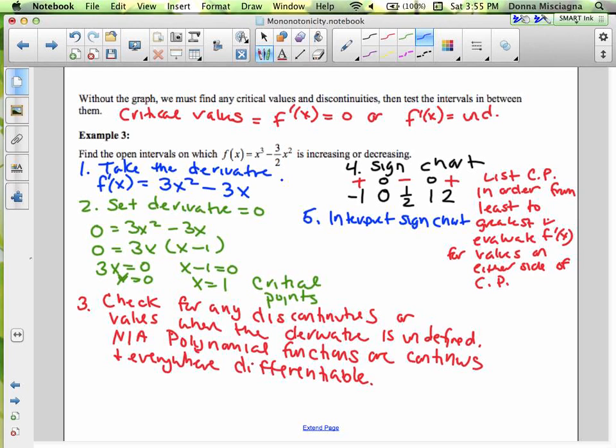All right, so we're asked, where is it increasing or decreasing? Since f prime of x is greater than 0 for values less than 0, and it's fine to use symbols, and greater than 1, f of x is increasing.